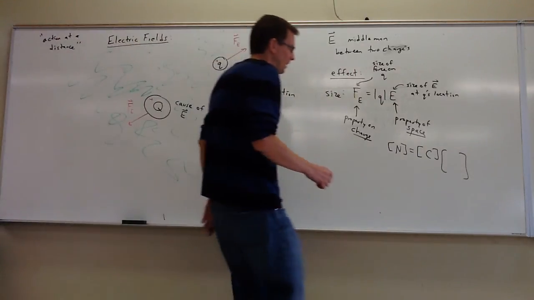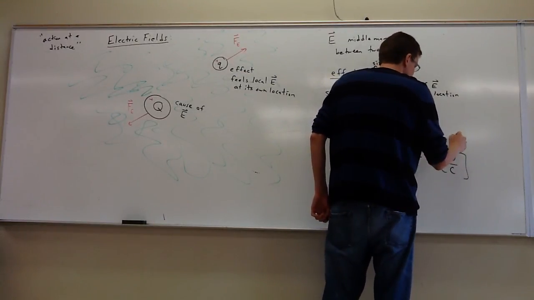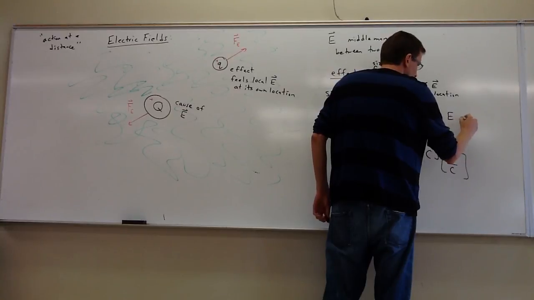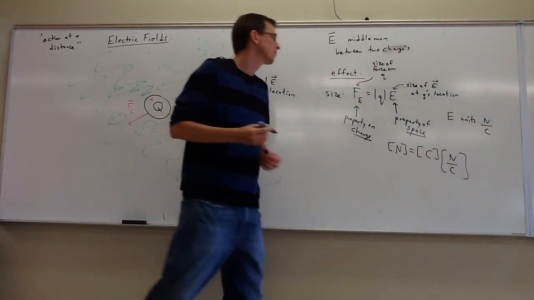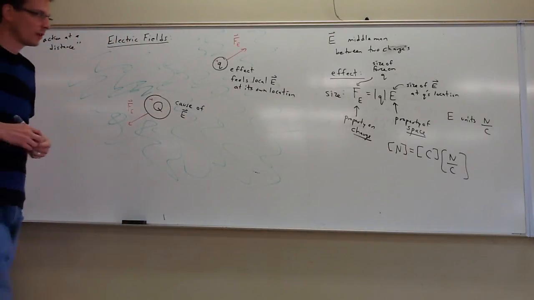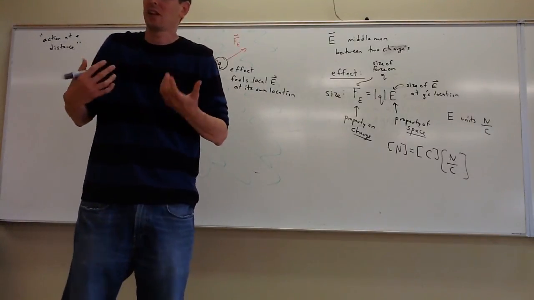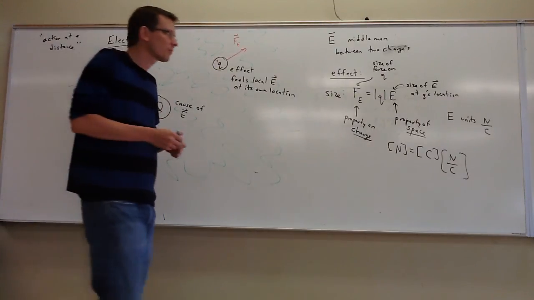Newtons over coulombs. That is the units of electric field. Electric field is measured in newtons per coulomb. Having units to discuss might make it easier to state what an electric field is.